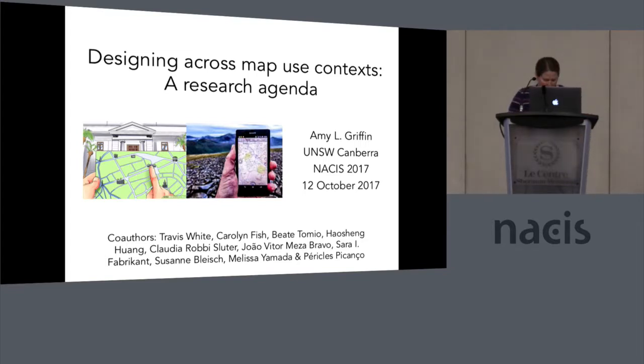The basic thing that we were thinking about in this work was how can we take what we know about what is good about a particular design and then repurpose it or reuse it or tweak it for another similar situation, or a situation that has some level of similarity.